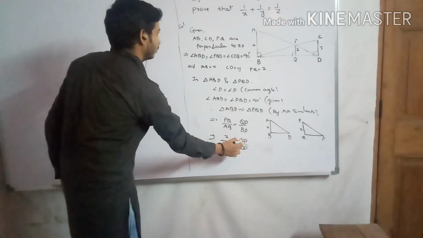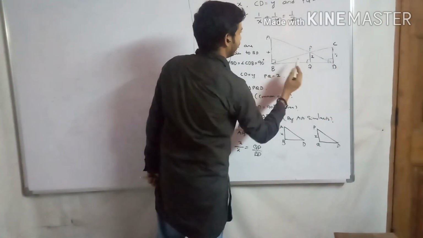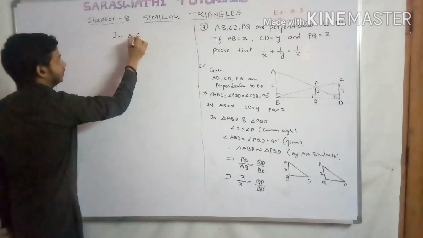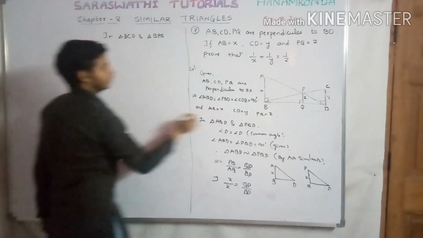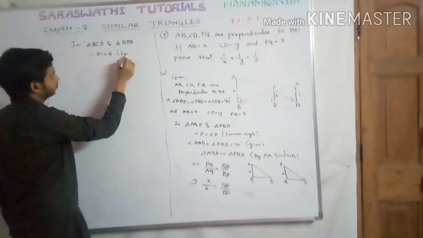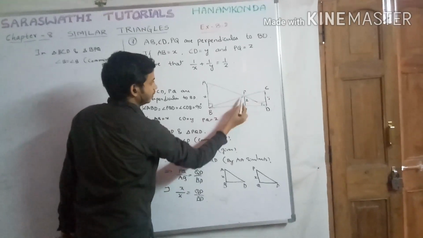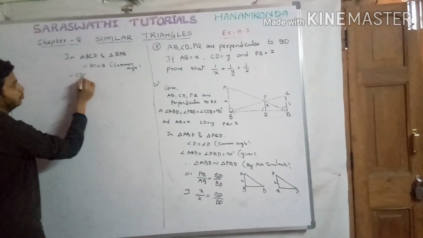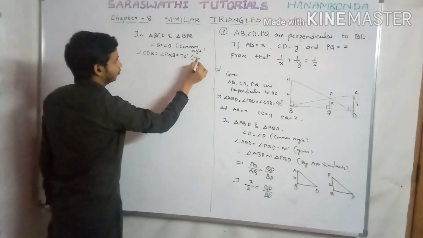Again, next consider triangle CDB and triangle PQB. In triangle BCD and triangle BPQ, both the triangles have angle B common, angle B equal to angle B. And angle CDB equal to angle PQB equal to 90 degrees, obtained from the given data.